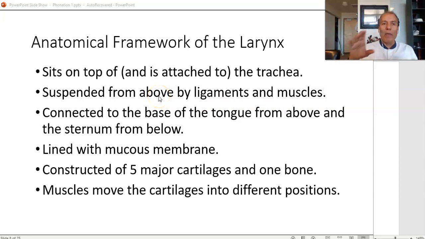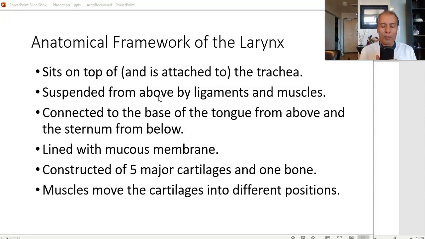And then you have the thyroid cartilage, that big piece that you can touch here, sitting on top of the cricoid. And inside of the thyroid, you have the vocal folds, and there are muscles inside and outside that can modulate the movement of the vocal folds and the movement of the larynx itself.